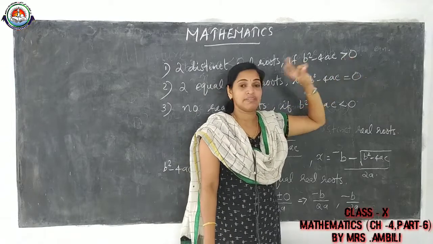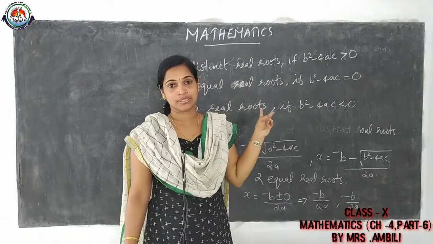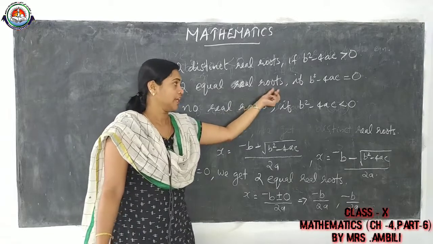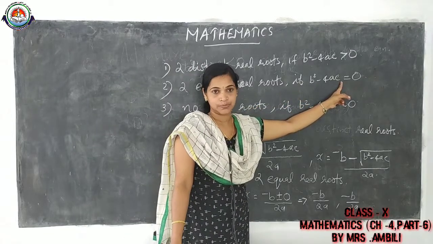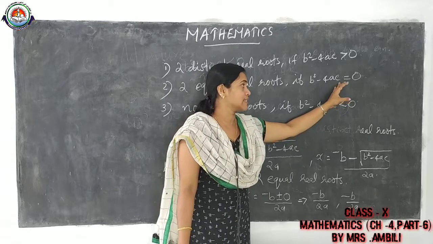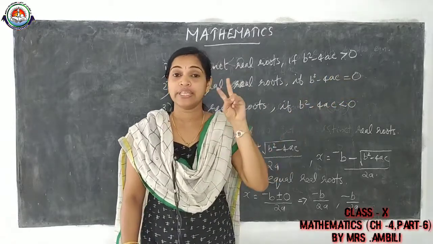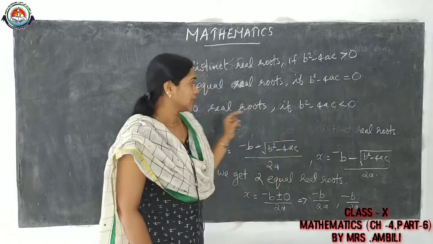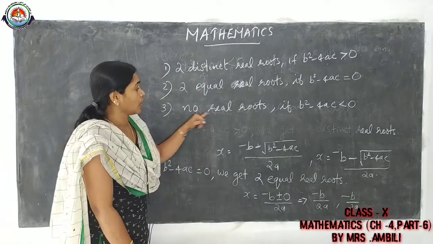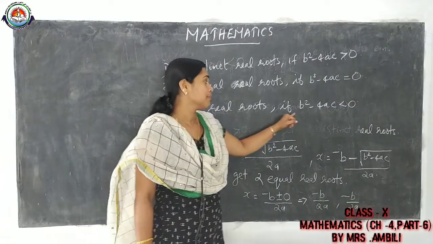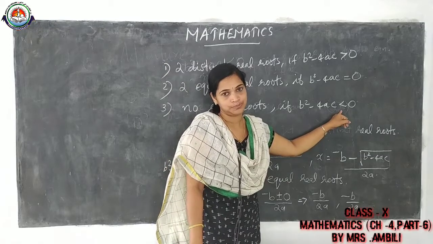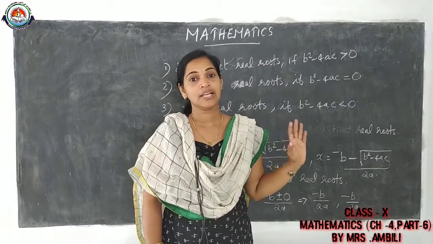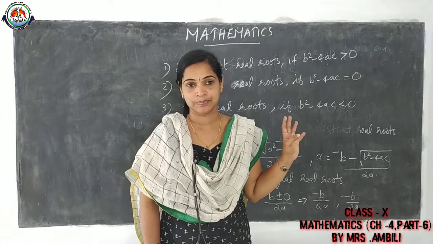Second, two equal real roots, that is the same roots, if b square minus 4ac is 0. Third, no real roots if b square minus 4ac is negative.